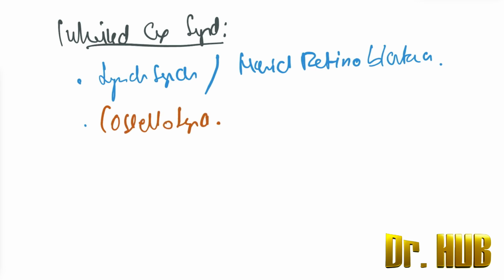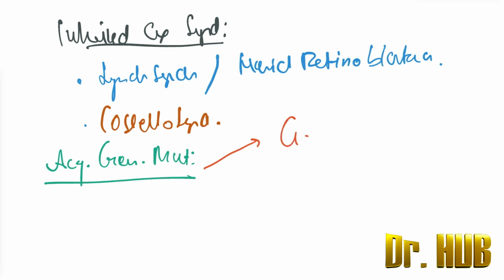Next, we look at the acquired genetic mutations. Under the acquired genetic mutations, there is a gain of function, and this is the FGFR3 mutation.